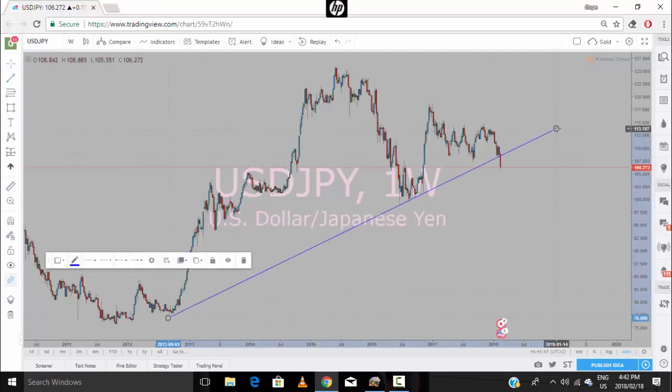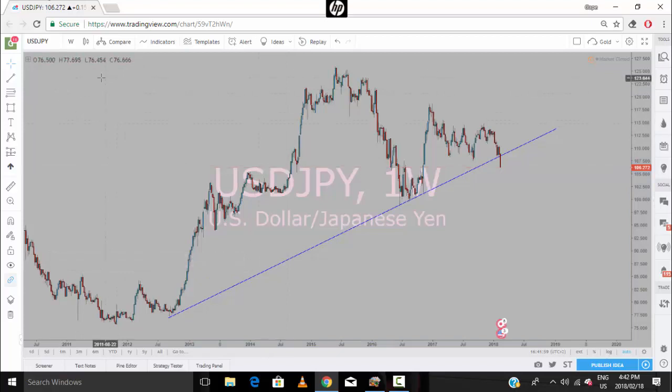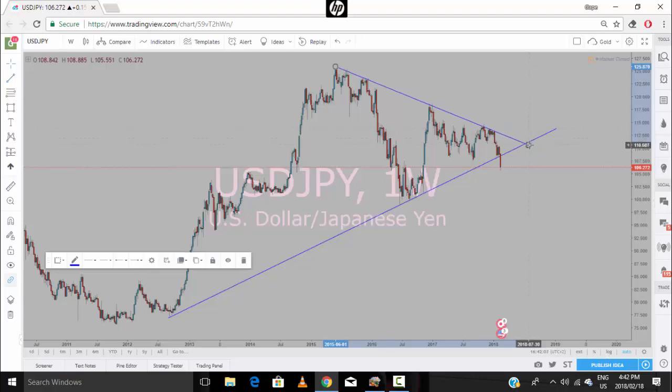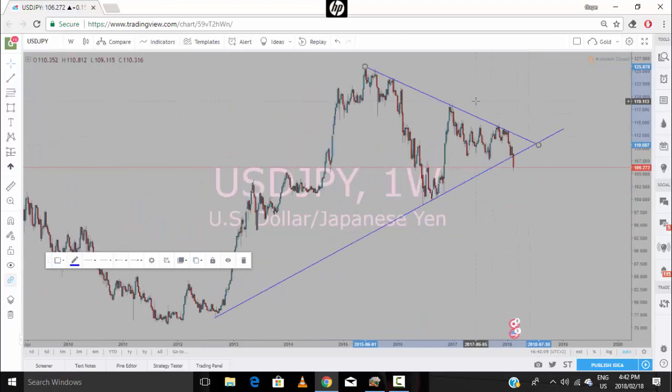So I'm going to do my trend lines right there. So bam, we just fell. We just broke our symmetrical triangle. Oh my god, we just failed.